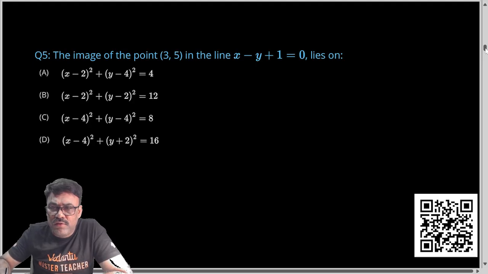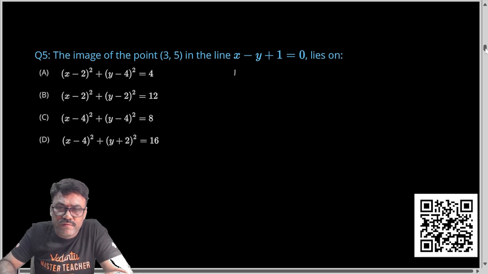So let's say this is the line, and the image of (3, 5) is (alpha, beta).